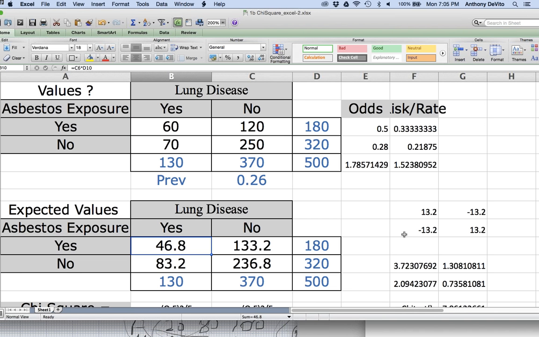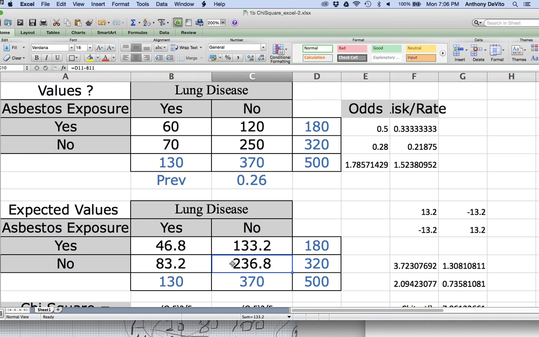I squared that difference, and then I divided it by the number in the expected values. What does that do? First of all, it makes everything a positive number, and then dividing by the expected value brings the number back into the range of numbers we're dealing with. Otherwise, we would get a chi-square value like 1,000, right?